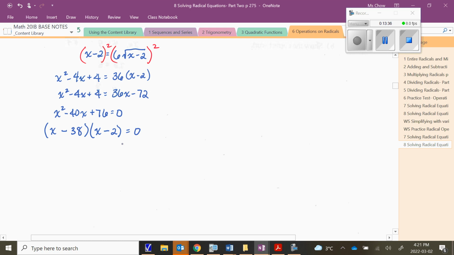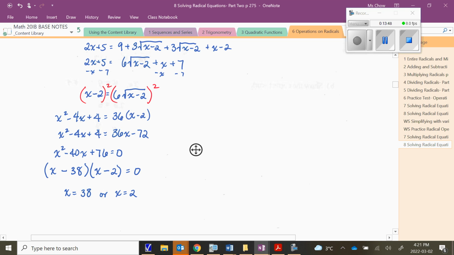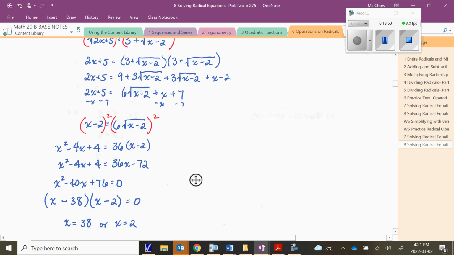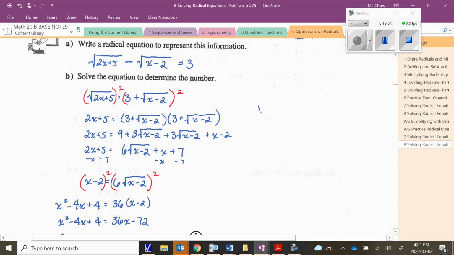So that means that x must equal 38 or x equals 2. And so we will verify both of those to make sure that they work. So we're going to go back to our equation. So let's verify.